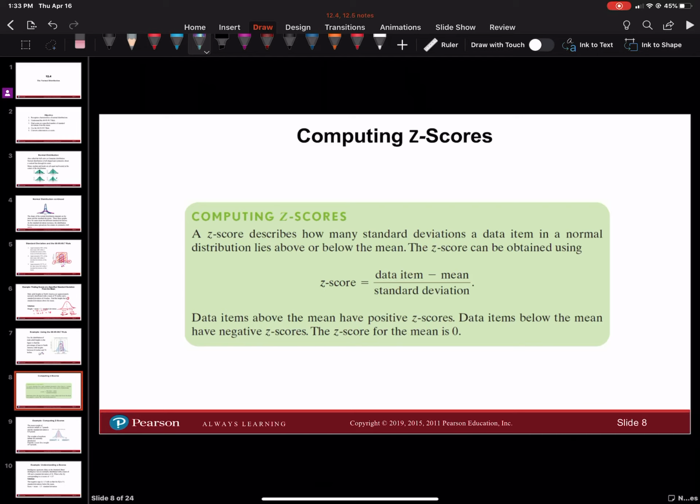The data item below the mean has a negative z-score. The z-score for the mean is just 0, because that means it has not moved anywhere. So just keep that in mind when you're doing these problems, because you want to make sure you calculate this correctly.